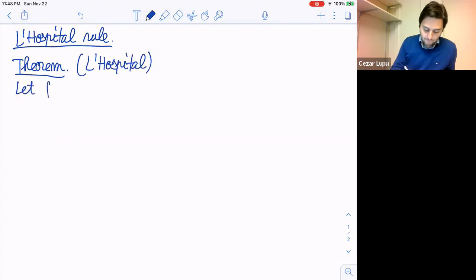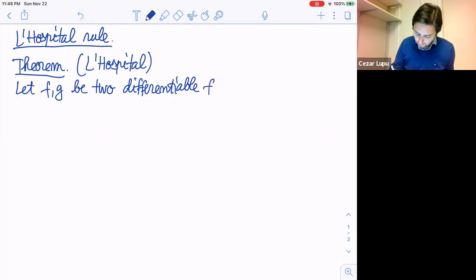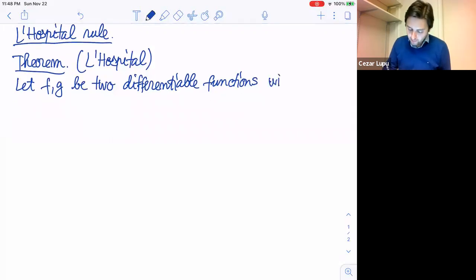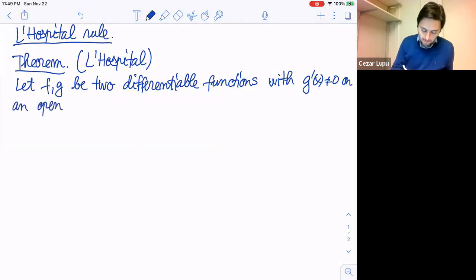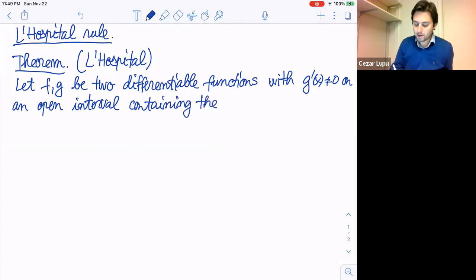Let f and g be two differentiable functions, with the derivative of g, g prime, non-zero on an open interval containing the point, let's say, x naught, except possibly at x naught itself.